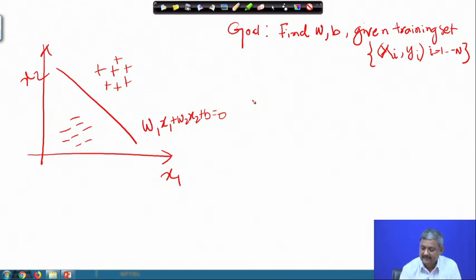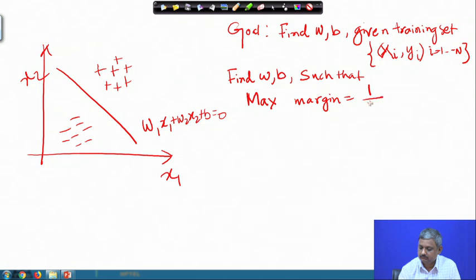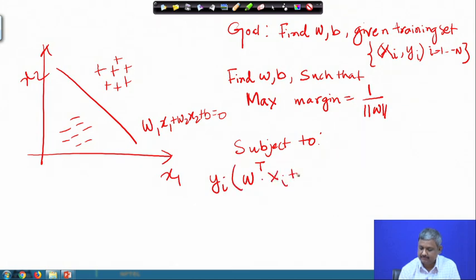So, I write that: find W, B such that, subject to the constraint, the sign of y and the sign of this quantity should be the same, greater than 0 for all i.